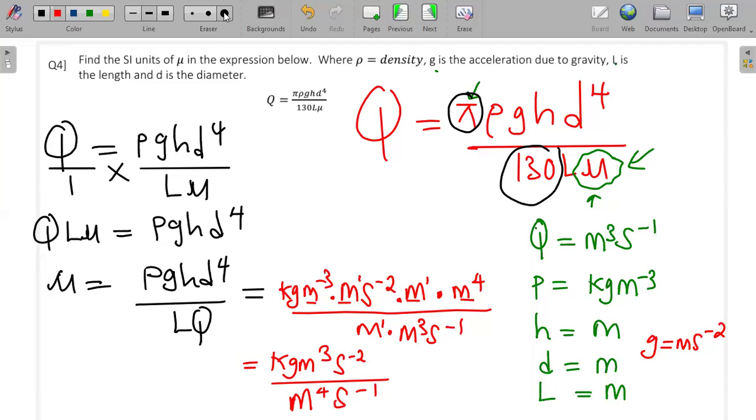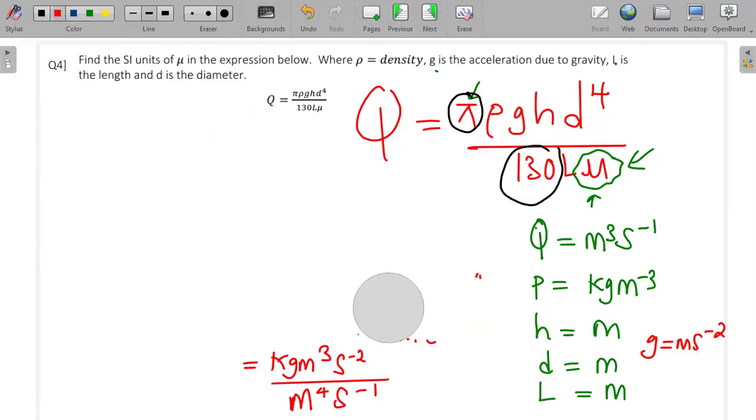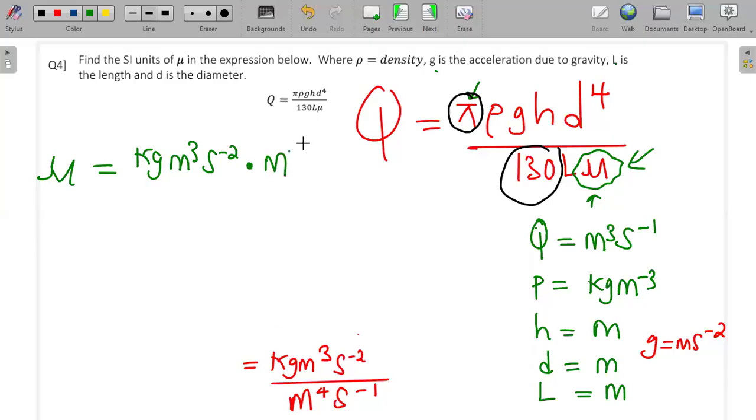Okay, and then from there, I take whatever is in the denominator to the numerator. So mu equals kg m^3 s^-2 multiplied by this guy goes on top, so it becomes m^-4, multiplied by this guy goes on top, becomes s to the power positive 1, because here it's negative, so when it goes on top it will be positive 1.